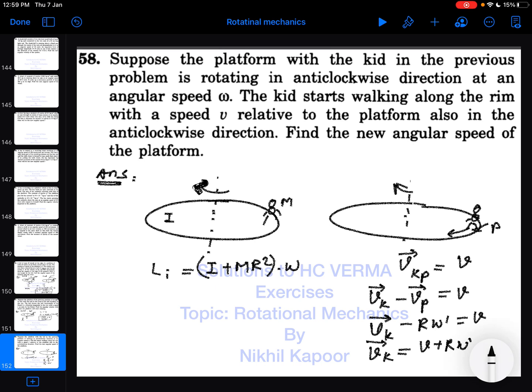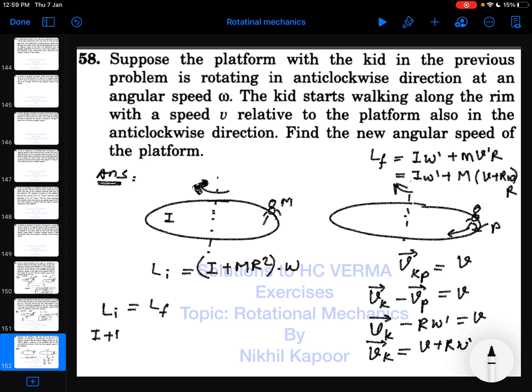So the final angular momentum I can write here. The final angular momentum will be equal to I into omega dash of the platform plus m v dash r of the kid, where v dash is given. So I omega dash plus m in bracket v plus r omega dash, into r. Now I can say that the angular momentum initial must be equal to angular momentum final.